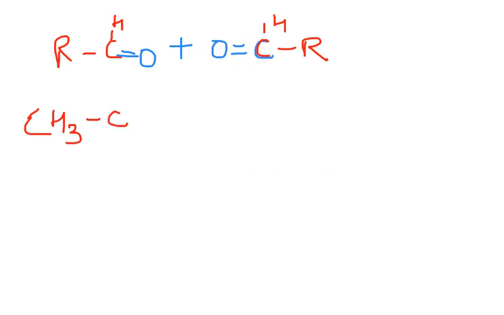So this is C, and let us say this is a hydrogen, and it has a double bond here. If it is a double bond, you cannot have an H here, so let me write a CH3 here, and a CH3 here also.